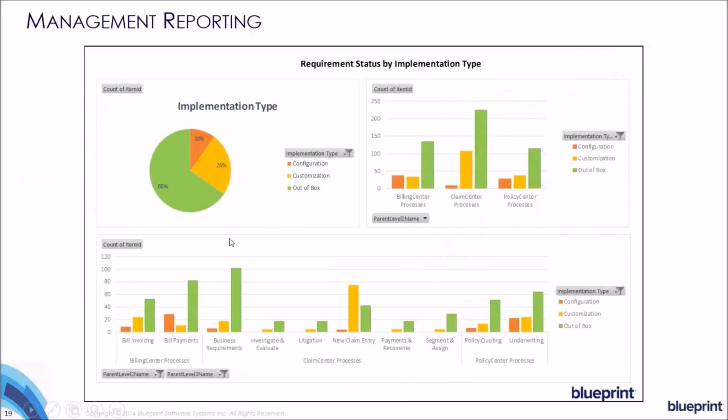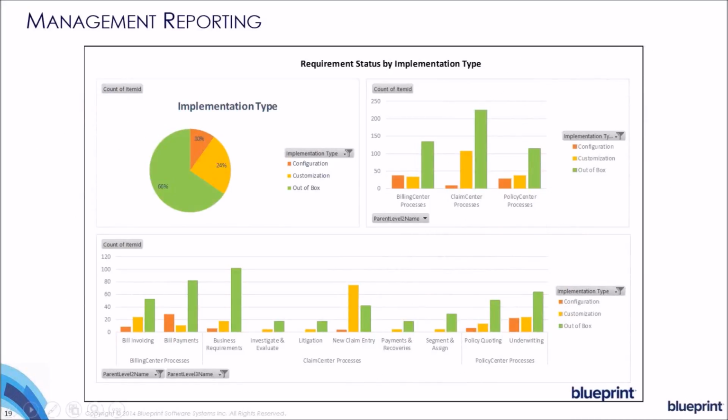You can see these numbers up here, and you're lower in certain areas. Your customization is higher. So if you look over to the right, you notice in this example, it's my claim center processes that seem to have a higher level of customization.